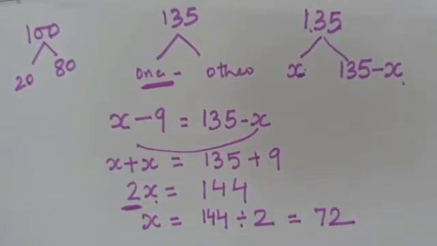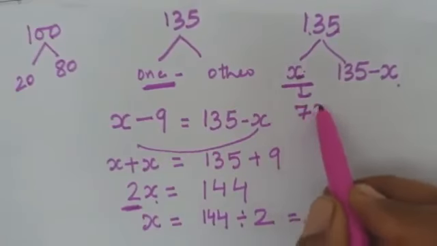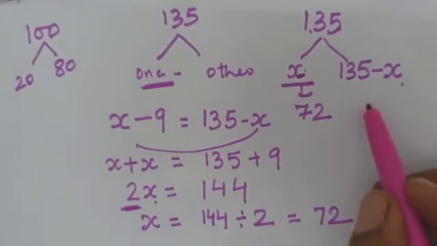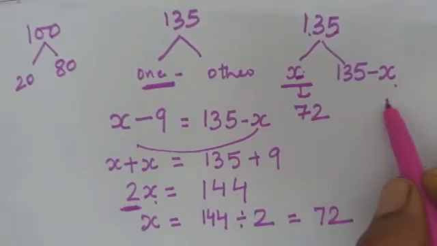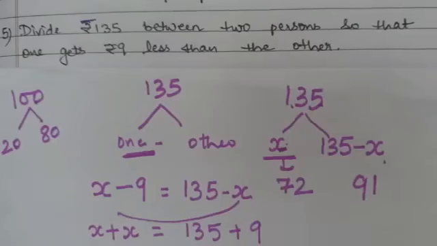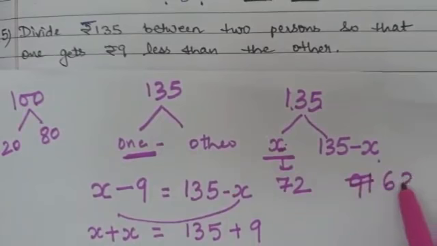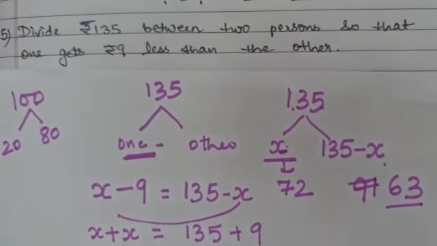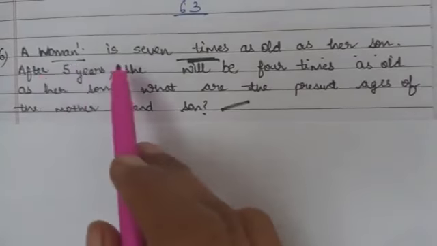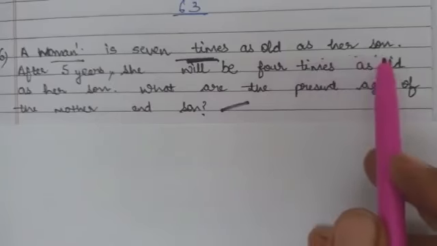So it means the first person will get 72 rupees and the other person will get, sorry, 63 rupees. Clear?